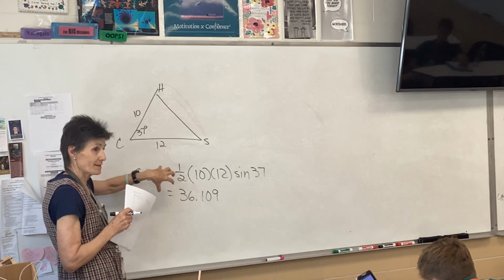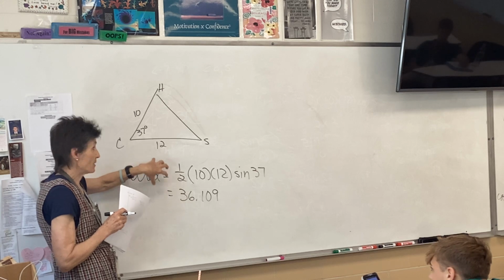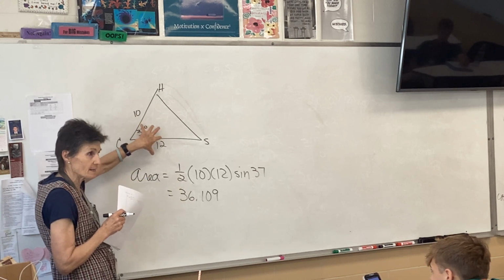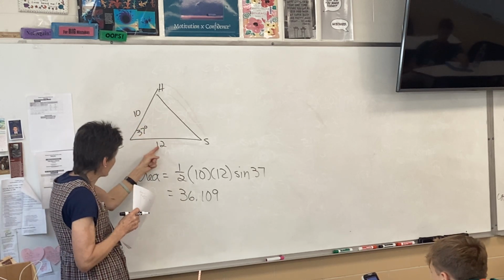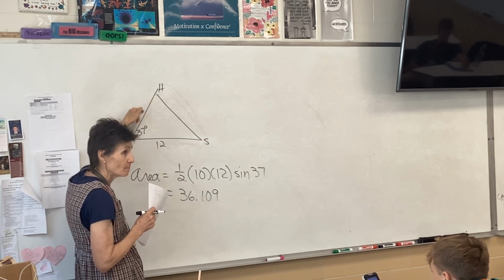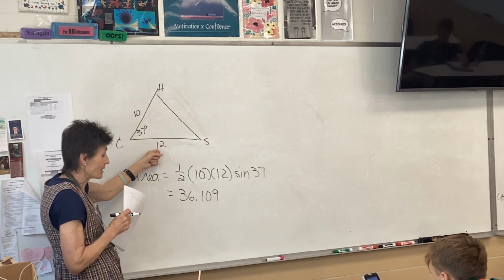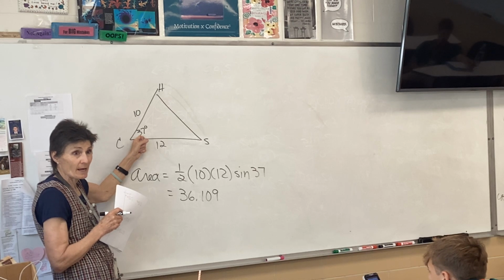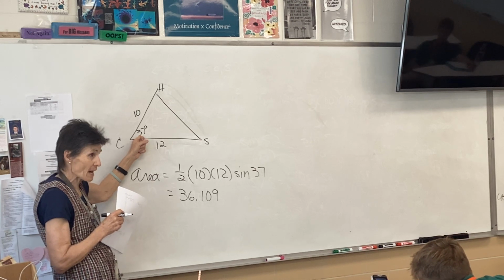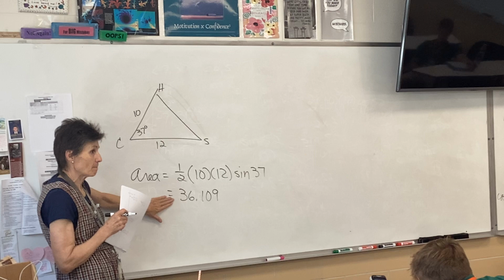If you're going to use this formula, then your information has to look like this. It doesn't necessarily have to be here, it could be up here, but it has to be two sides and the included angle. If you have that, you're done. Easy.